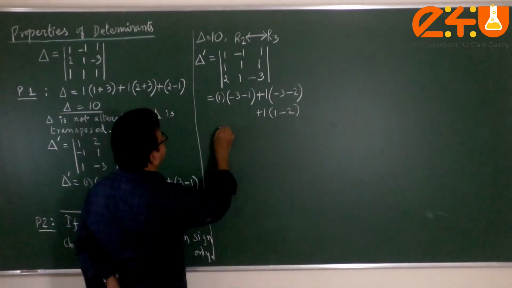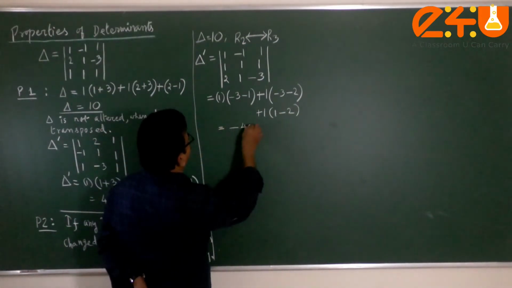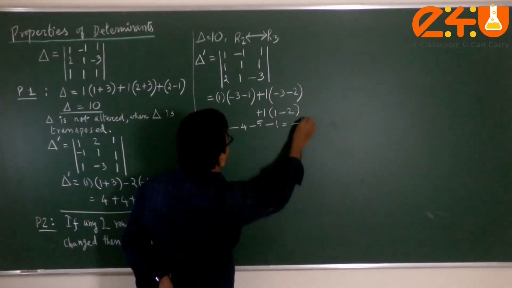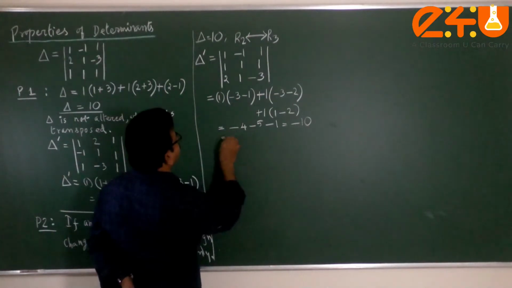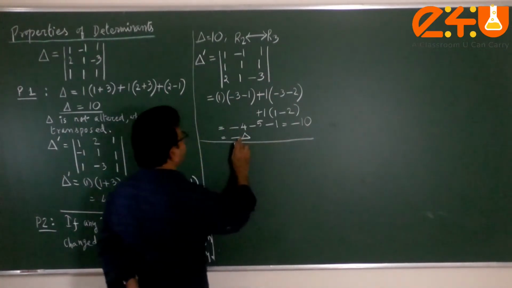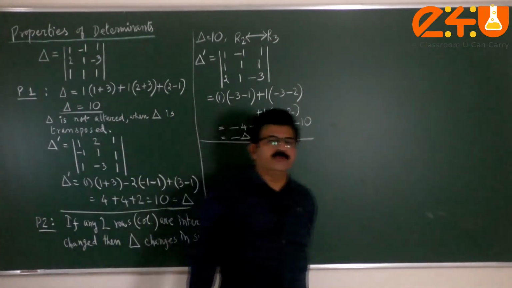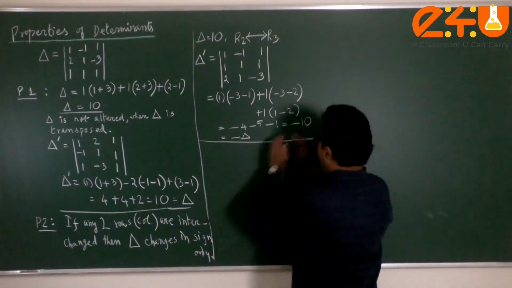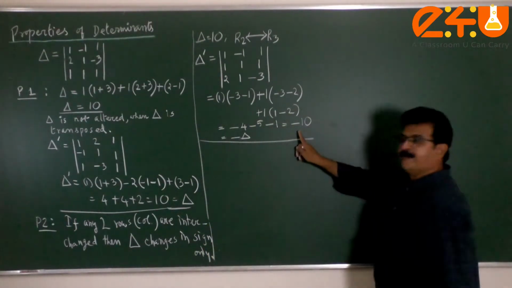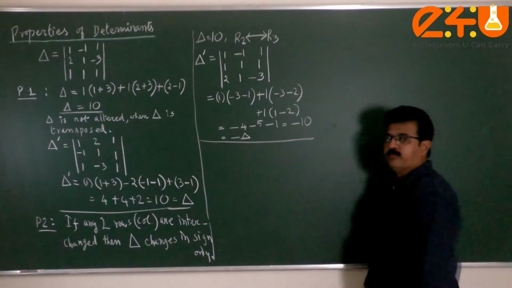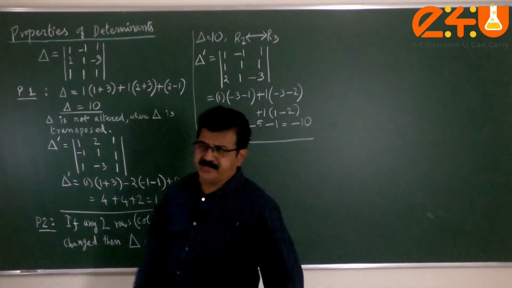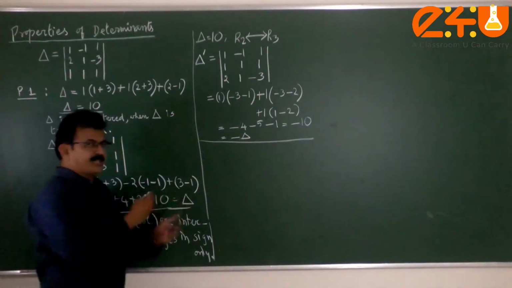You can see it is minus 4, minus 5, minus 1. Directly you can see the answer is negative of delta. It happens to be negative 10, which is negative of delta. Magnitude is 10, but changes in sign only. If the sign was earlier negative, this would have become positive, obvious. We'll go to the next property.